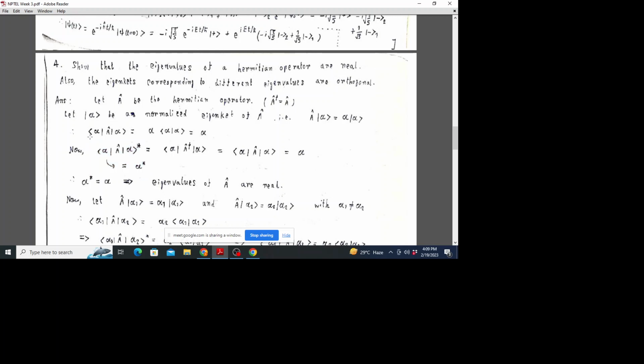We have also shown that the result is alpha. So alpha star equals alpha, which means the eigenvalue alpha is real. That is valid for all eigenvalues, because there was nothing special about alpha. It was just an eigenvalue of this Hermitian operator. So all the eigenvalues of a Hermitian operator are real.